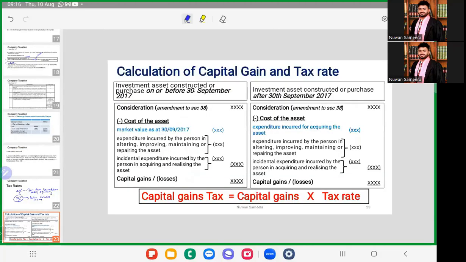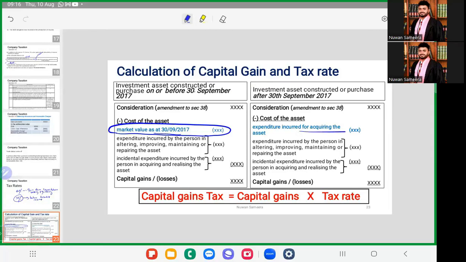So this is the way of calculating your capital gain and tax rate. So now you know the way to calculate the capital gain. That means the gain from the disposal or realization of the investment asset. What I need to highlight is, if that investment asset was purchased before 30th September 2017, you have to take the market value as at 30th September 2017 instead of the actual expenditure incurred.